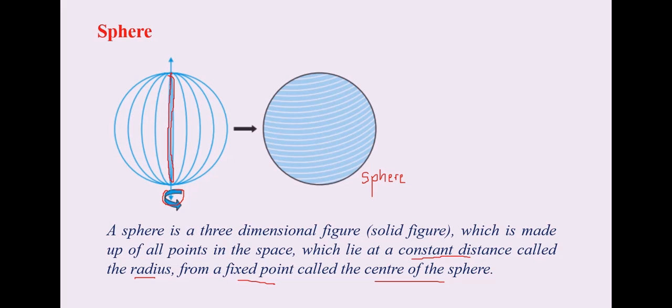Now the center of the ball lies inside the ball, in the interior of the ball. How will you find the center? If you take the knife and cut the ball exactly into two parts, one part will look like a circle to you, and in the middle of the circle you will find the center.